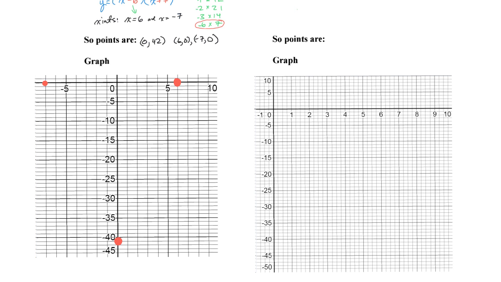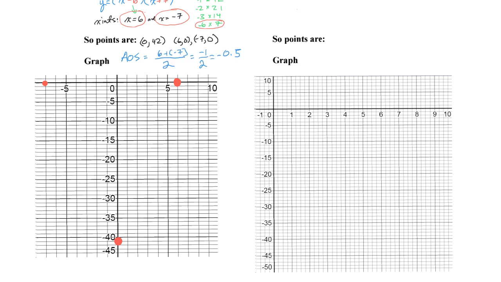Now, here is a big trick. To find the axis of symmetry, you need to know that the axis of symmetry actually comes from the midpoint of where our x-intercepts are. So all we have to do is add these two together and divide by 2.